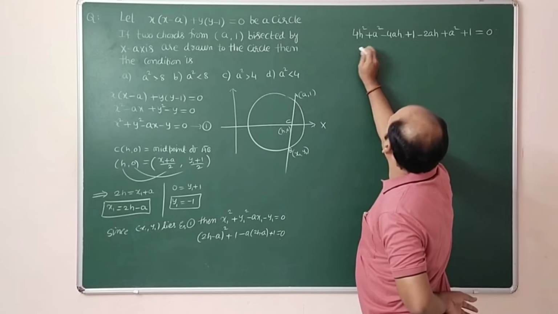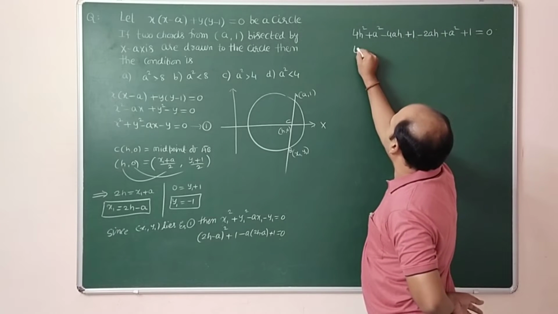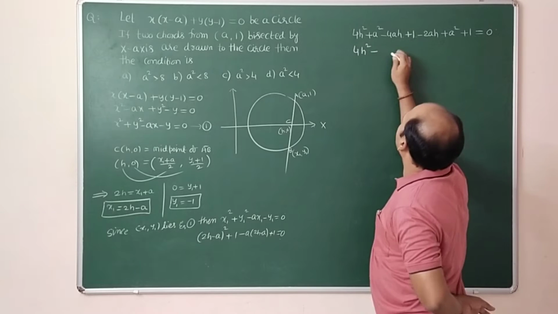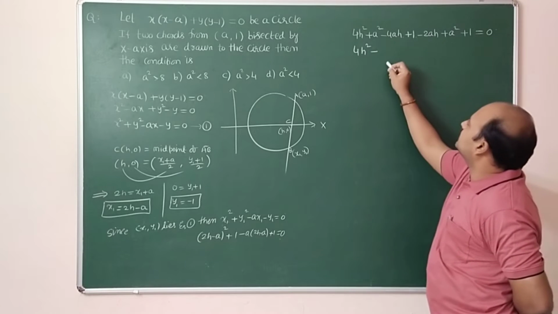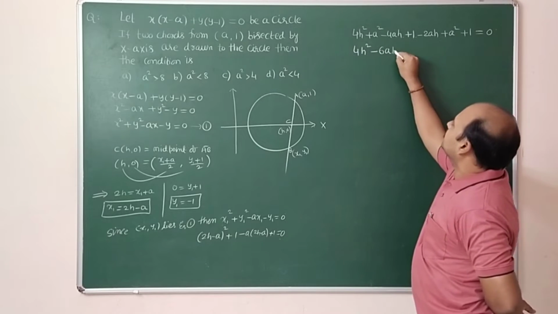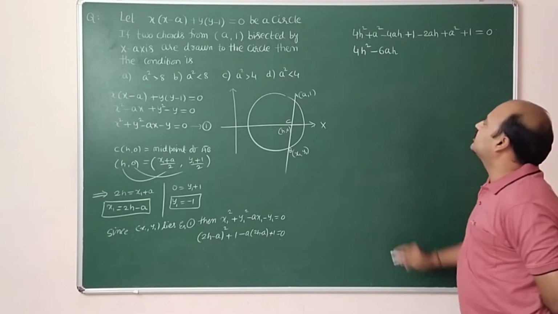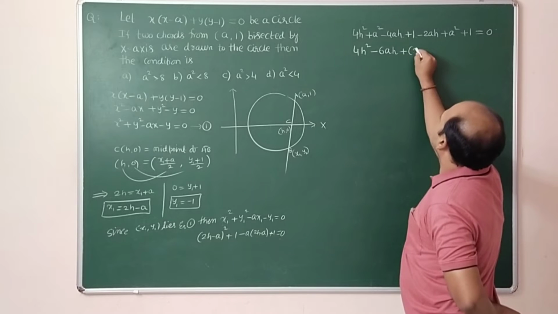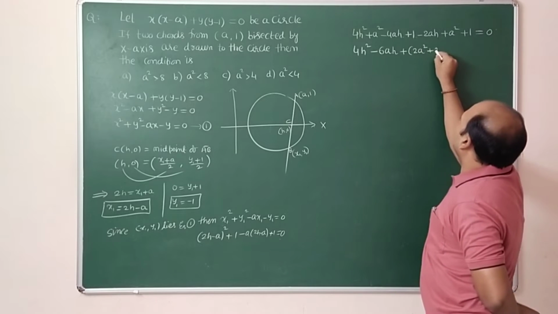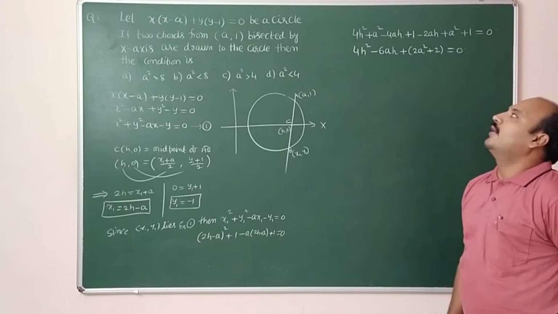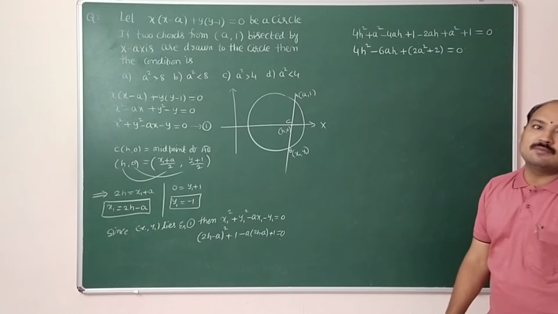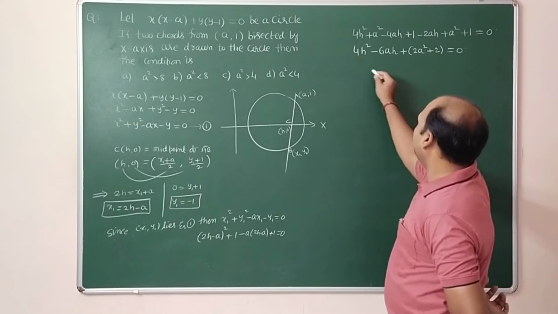So 4h square, a square plus a square, 2a square, 4h square minus 4ah minus 2ah, minus 6ah. 1 plus 1, 2, a square plus a square, 2a square. So 2a square plus 2 equal to 0. It is a quadratic equation in terms of h.